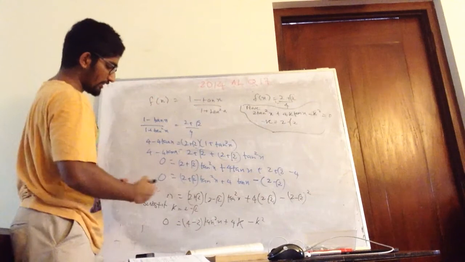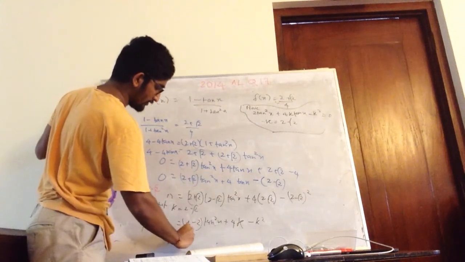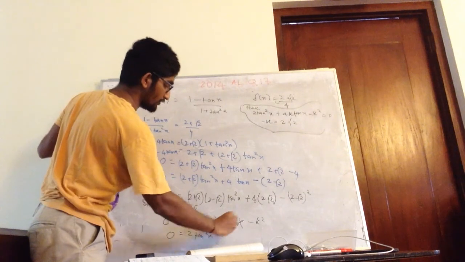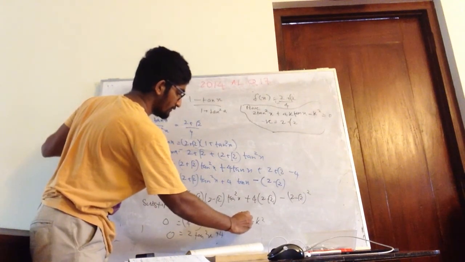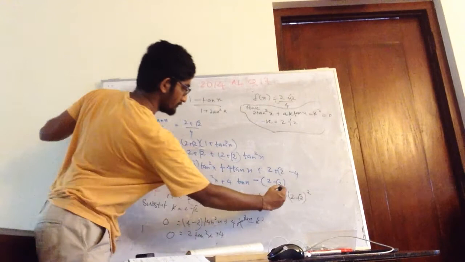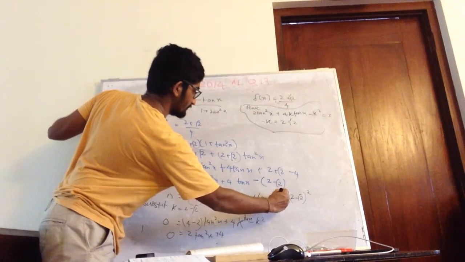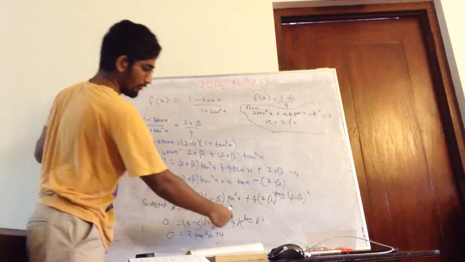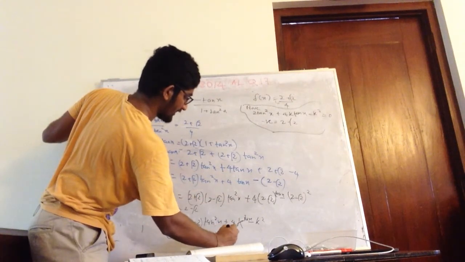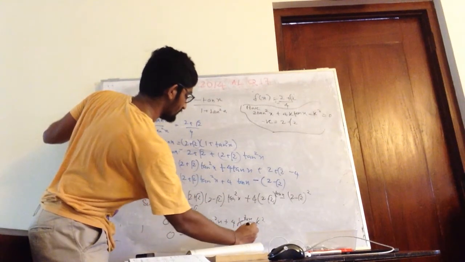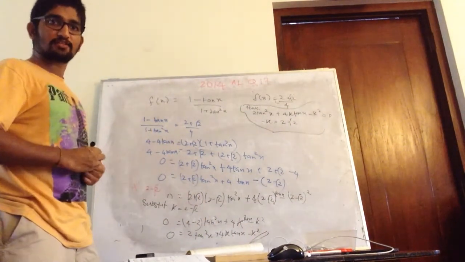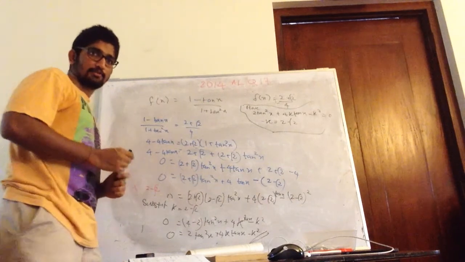Then we have actually got the answer. 2 tan²x + 4k tan x − k². So this is what they are asking. Right?